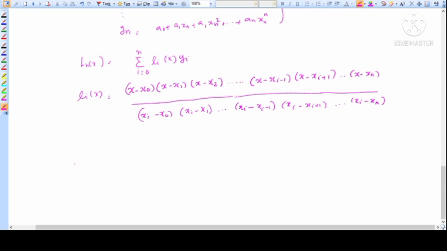And this Li will also satisfy the relations Li of xj is equal to 0 or 1, the conditions we have already discussed, and also sigma i equal to 0 to n of Li of x is equal to L0 of x plus L1 of x plus L2 of x plus etc. plus Ln of x is equal to 1.